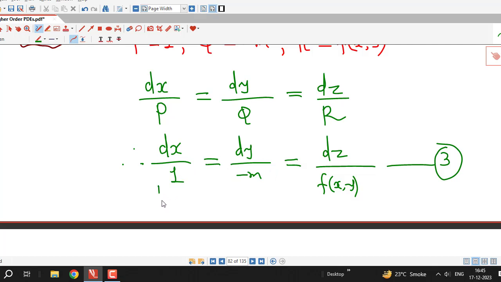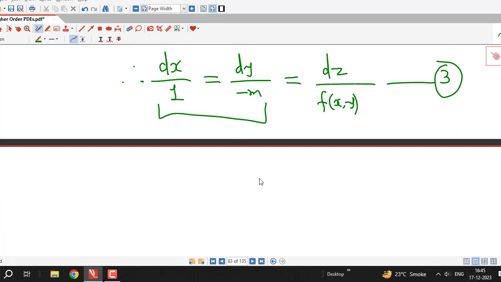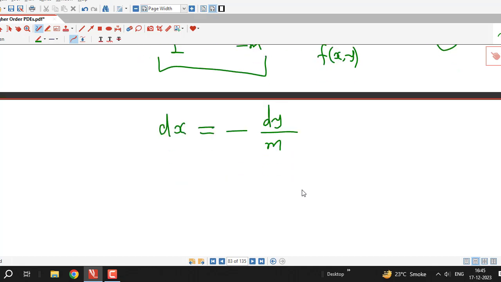So suppose I consider the first 2 fractions of equation number 3, then you can see I have dx equal to minus dy divided by m.